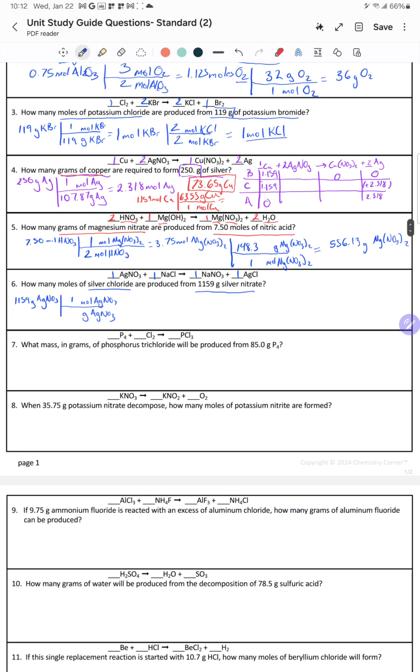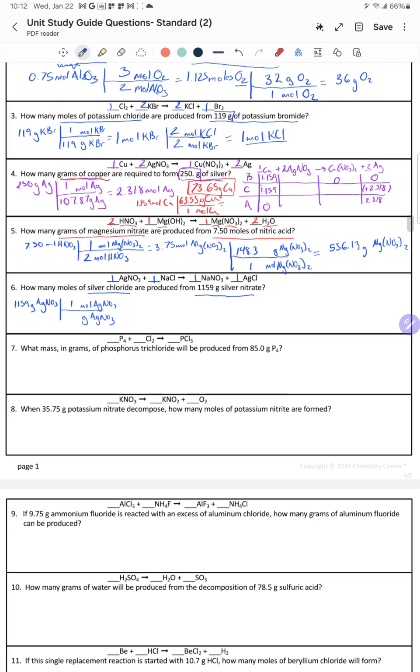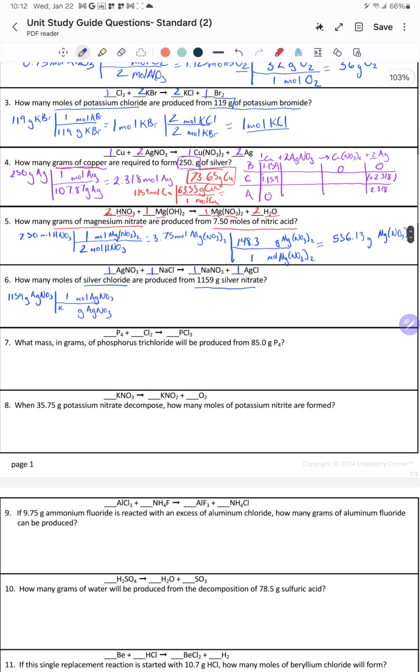And I have to get the molar mass of silver nitrate, and your molar mass is 169.87 grams. So multiply the top, divide by the bottom, and you'll end up getting 6.823 moles of silver nitrate.